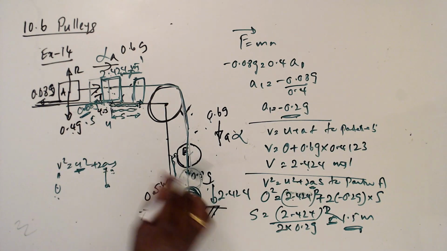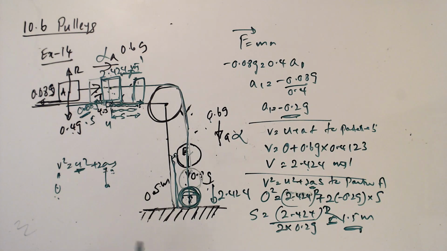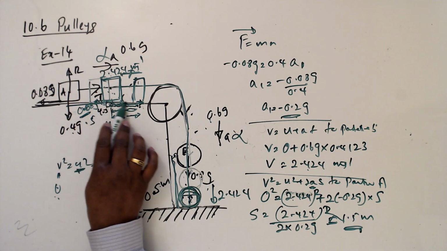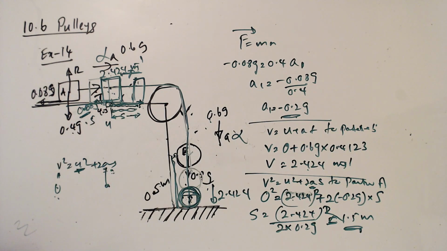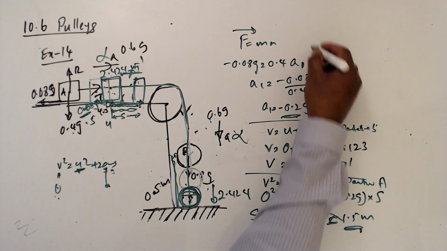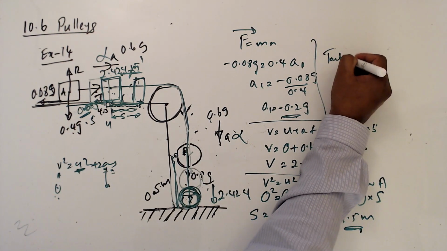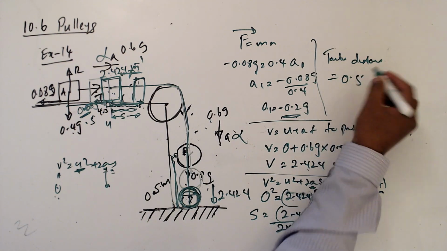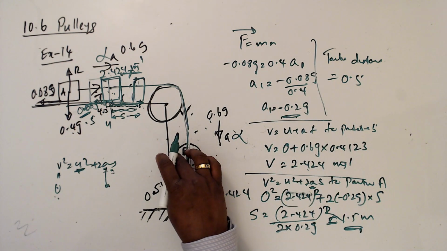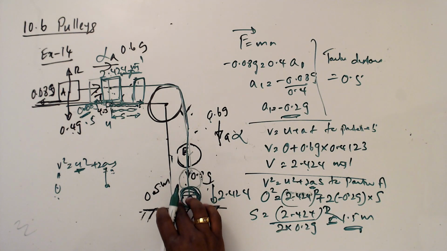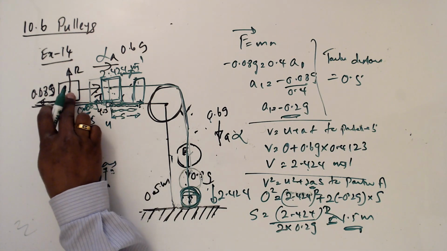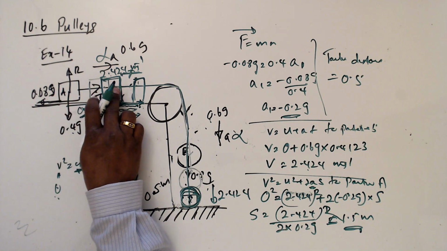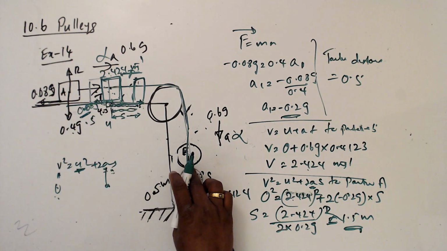Then the total distance traveled by A: until it hits, this particle travels 0.5, so A also travels the same length, 0.5.